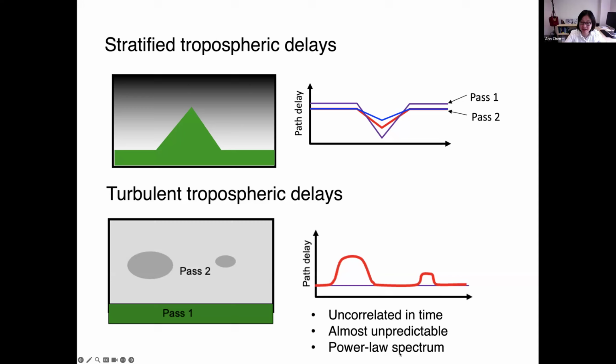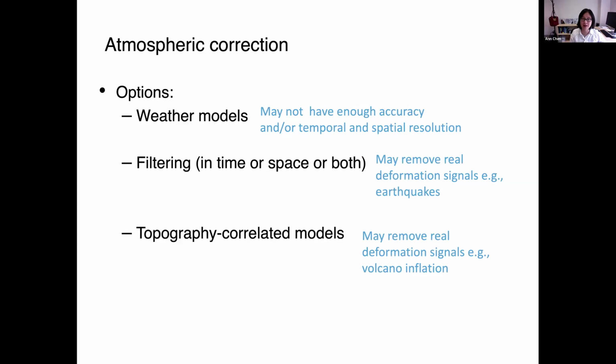So uncorrelated in time, the key idea is that it is almost unpredictable. And what I have found is that applying spatial filtering to this turbulence noise is also not always successful, just because their spectrum overlaps with the signal by quite a lot. If they share the common band, then frequency filtering won't help.